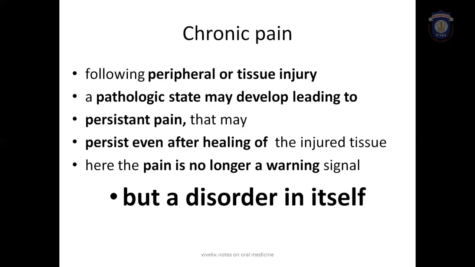And once healing has happened, there is no organic defect existing at that particular point any longer. When there is no organic defect existing, if the pain is still persisting, then pain is the problem and it is no longer protective in nature. Then you classify that pain as chronic pain.